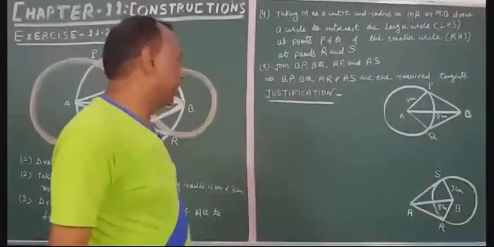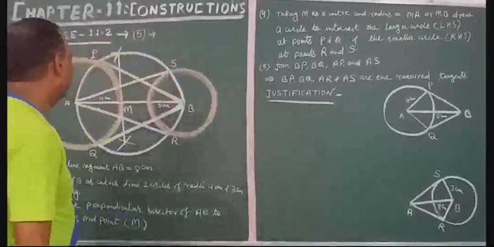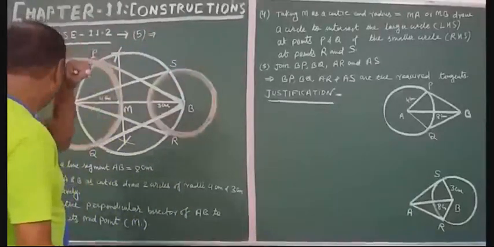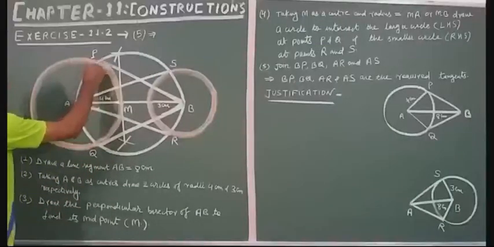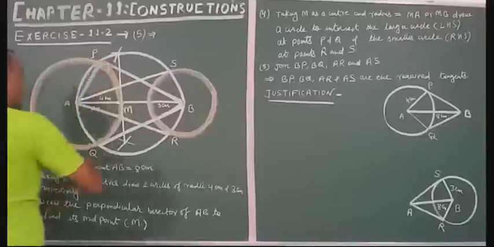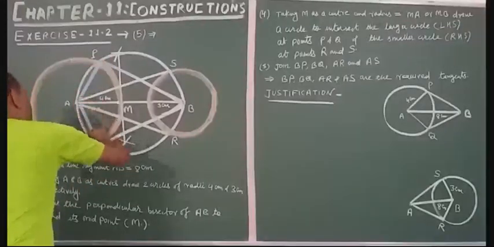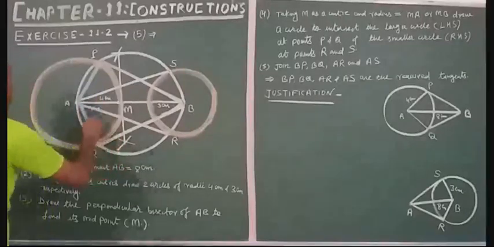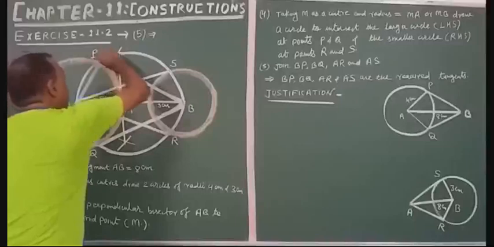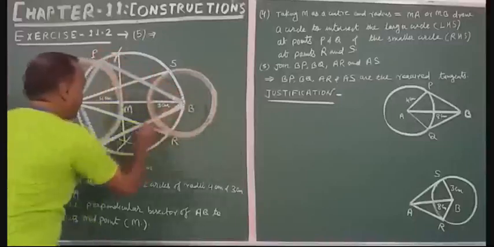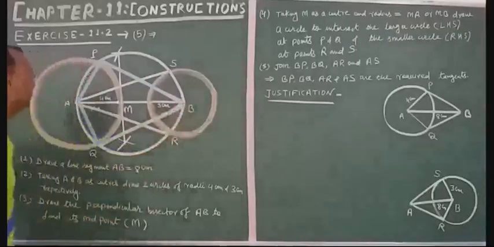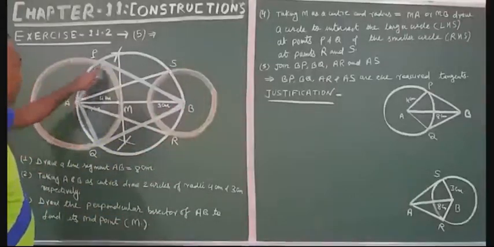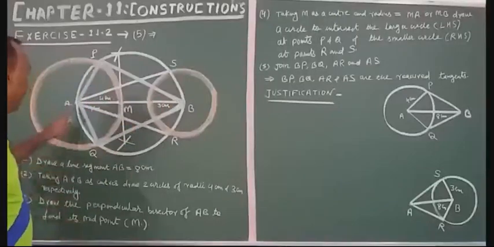Now look at the justification. Just look at the triangles APB and AQB.